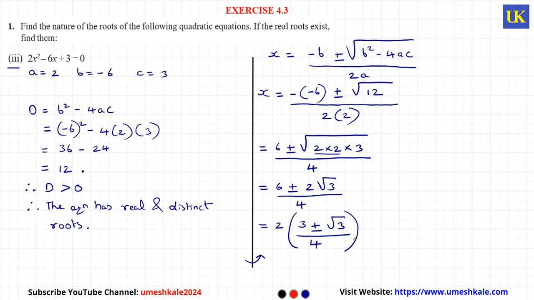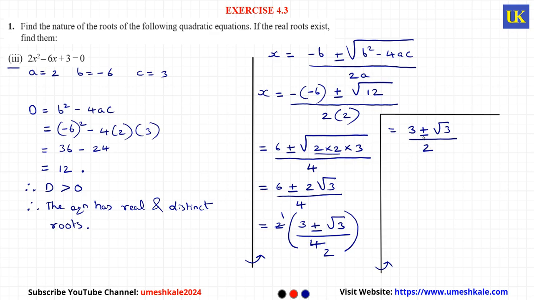We'll complete the bracket, and now here we can reduce: 2 ones are 2, 2 twos are 4, right? So what will remain is 3 plus or minus root 3 upon 2.